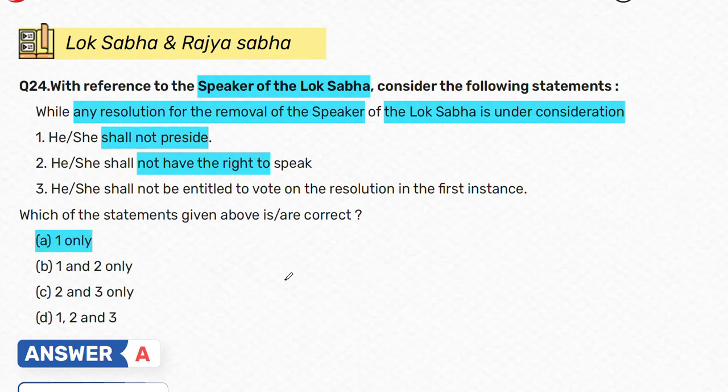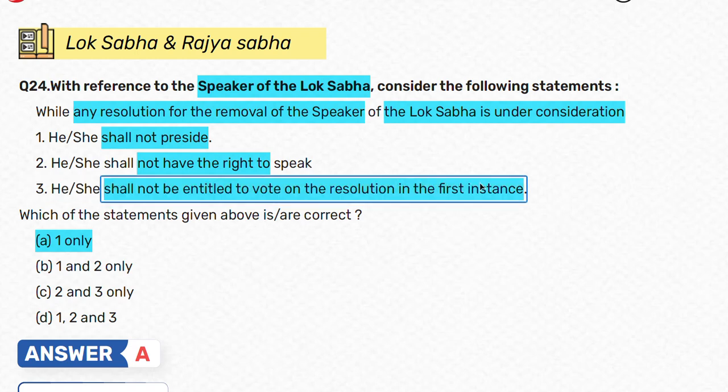He shall not be entitled to vote. This is again incorrect. While a removal resolution is brought in the Lok Sabha, he will be entitled to vote in the first instance only. So this is also incorrect. So A is the correct answer.